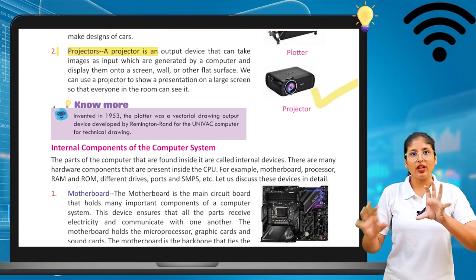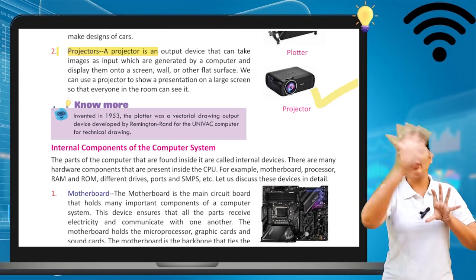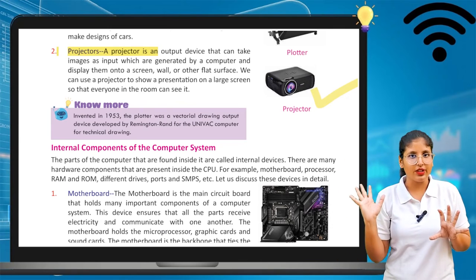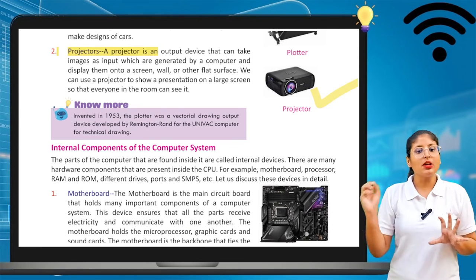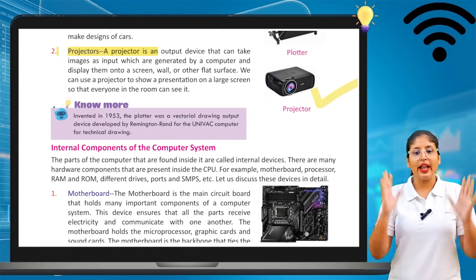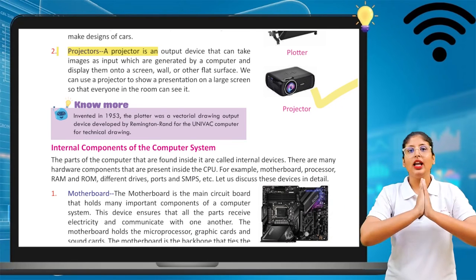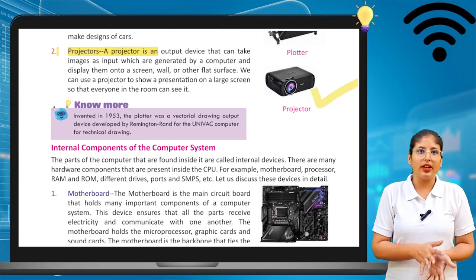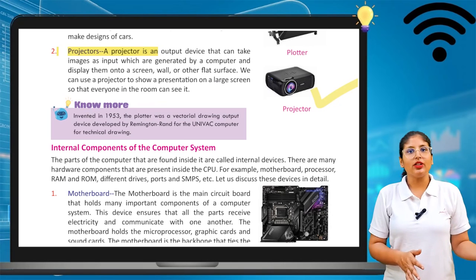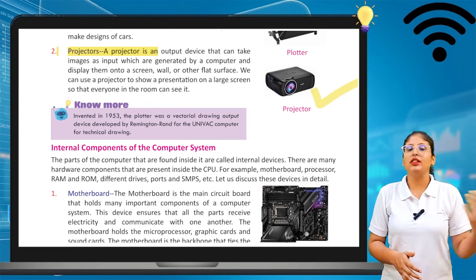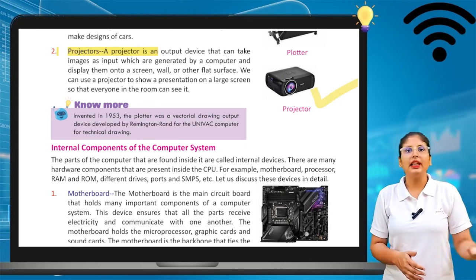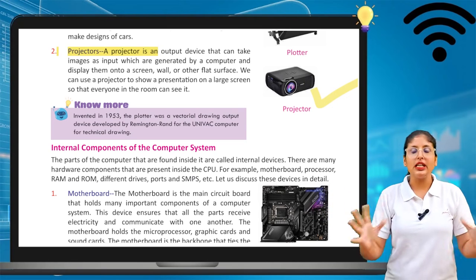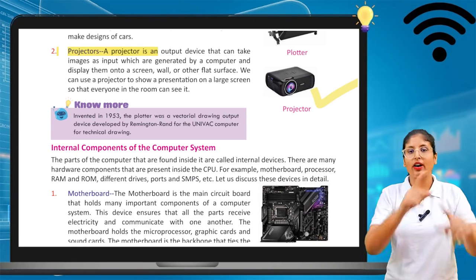So we can use a projector to show a presentation on a large screen so that everyone in the room is able to see. Normally projectors are less popular nowadays, but they are still very popular for showing a presentation or a movie or something like that. So a large audience is able to see because it is on a large surface or screen.